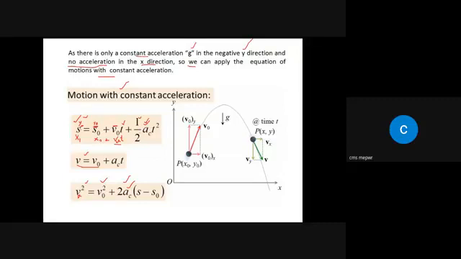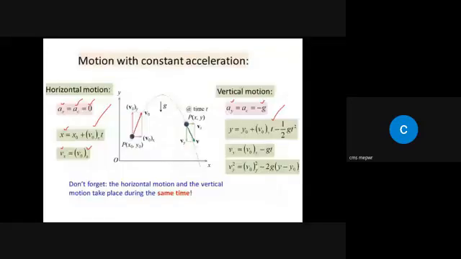Instead of acceleration we will put minus g, and t will remain as it is in the y direction. So when we do it, we will get this equation. And for y, if you want to find the final velocity in the y direction, we will get this equation.